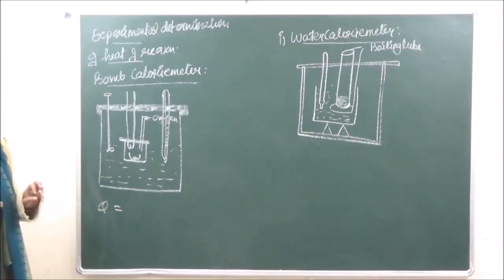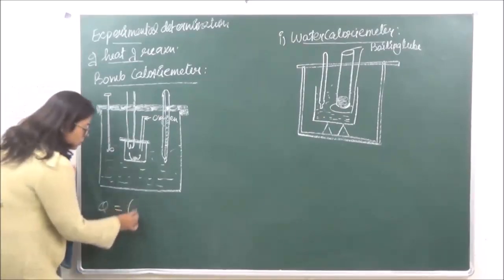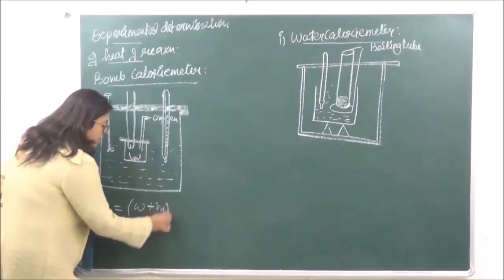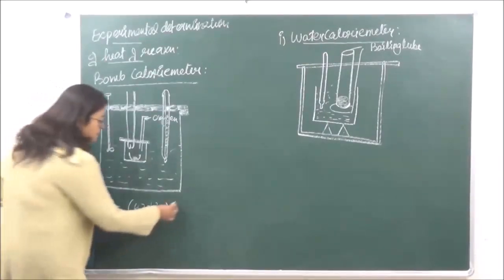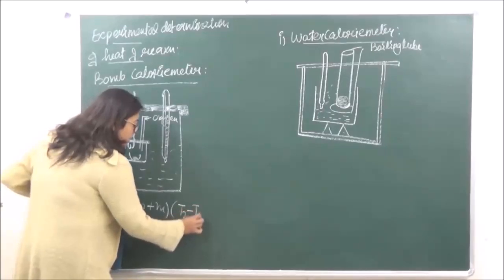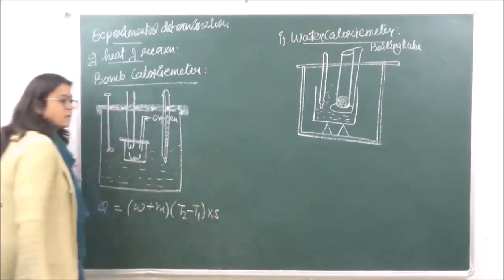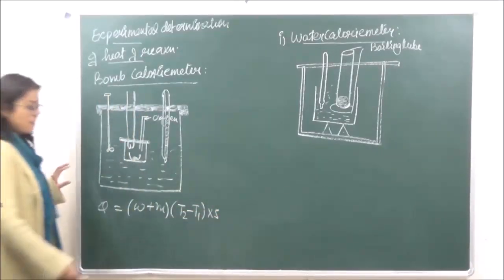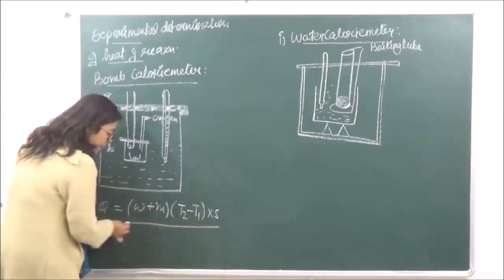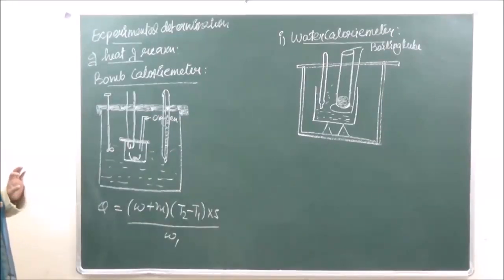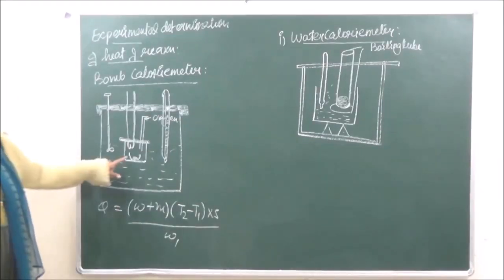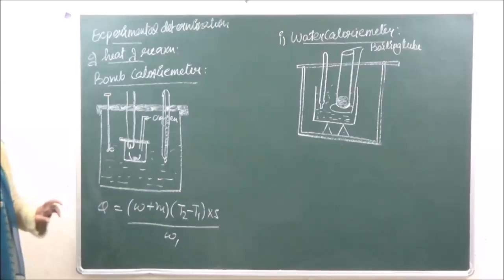Now what is going to be Q in this case? Or delta E, that will be equal to W plus M. It has the same meaning as we had already done. Then into T2 minus T1 into S, which is the specific heat, divided by W1. Now W1 over here is going to be the mass of the sample which we are taking in this. ठीक है?